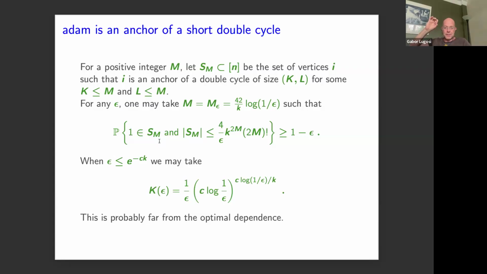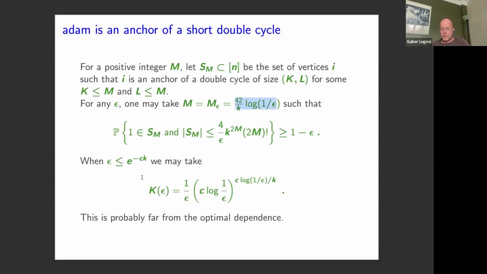The root vertex will have at least one such side. We will be in one of these double cycles. And the number of vertices that participate in one of these cycles is bounded. It doesn't depend on n. It only depends on k and epsilon.